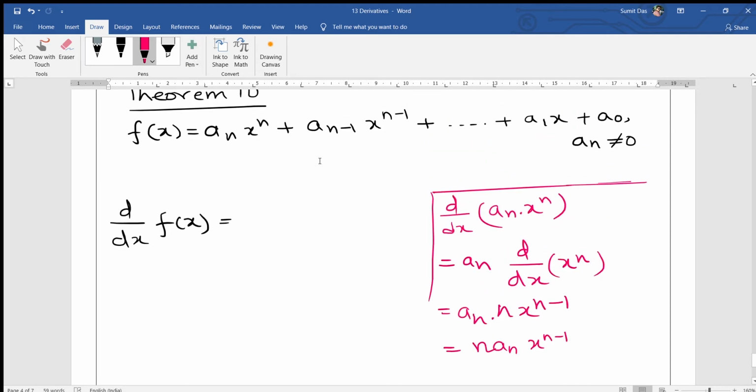Similarly, the next one will be the same. The power comes down and the power decreases by 1.